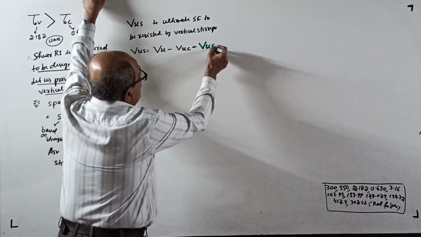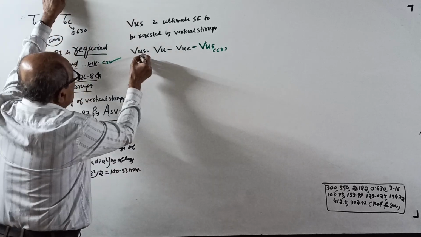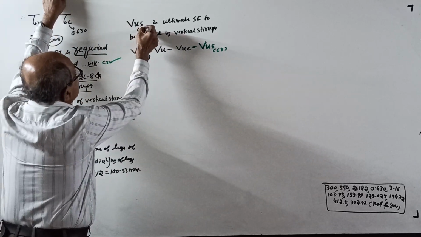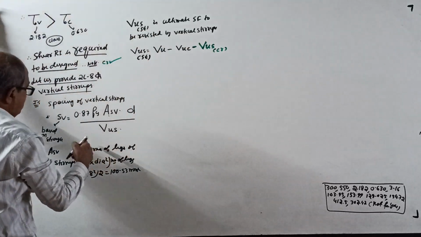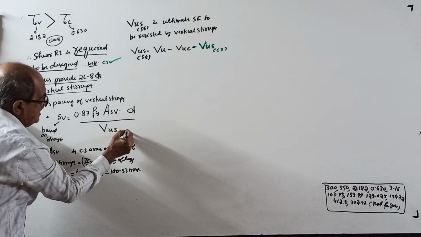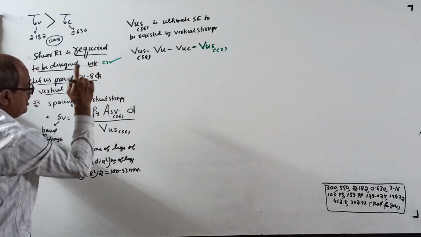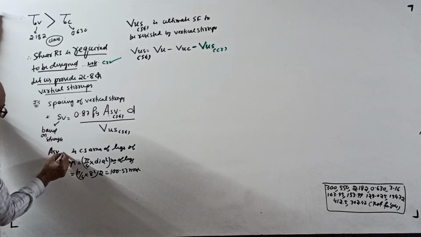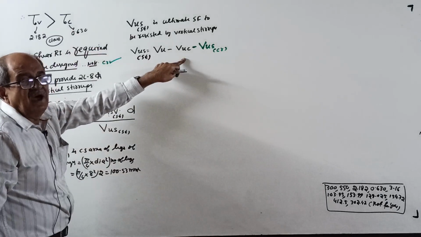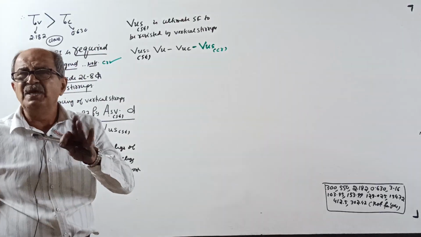Confusion. So what I will do? VUS CR. So I will do one thing now: this I will call VUS ST. I told you earlier in the working stress method. Therefore the formula will change to VUS ST and ASV ST, because one more ASV will come. So ASV ST is stirrup. One extra. I thoroughly explained all this in the working stress method.